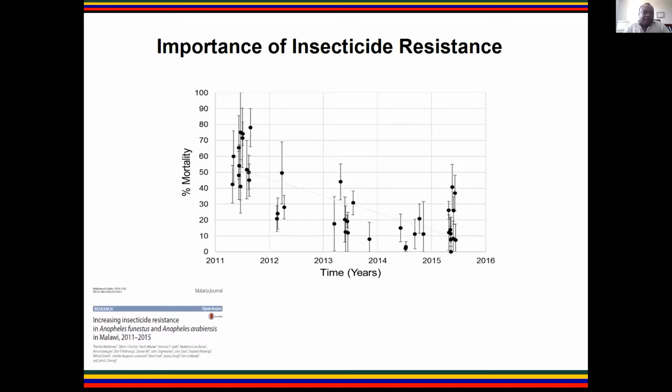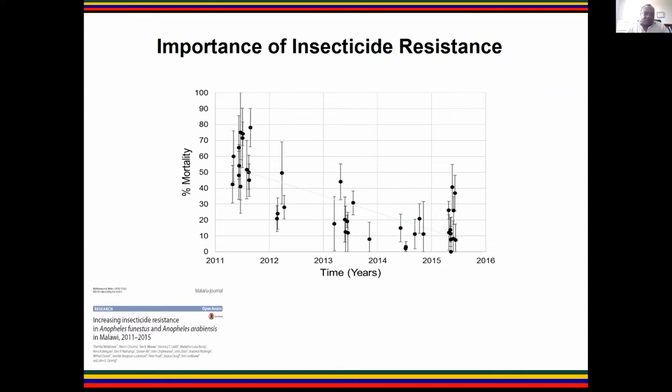The second observation that came out from the first ICMA studies was the progression in increase in insecticide resistance in the malaria vectors over the period of implementation of the ICMA studies.